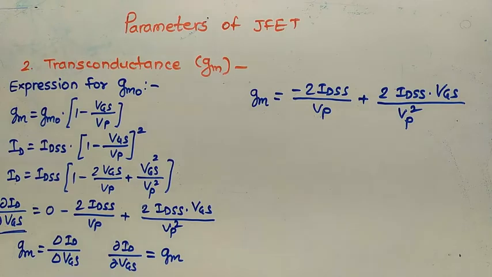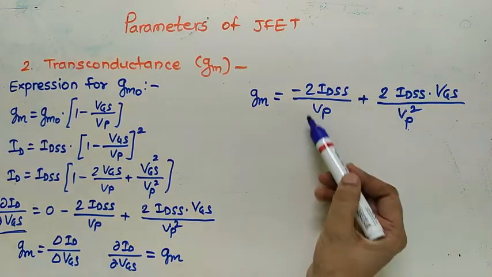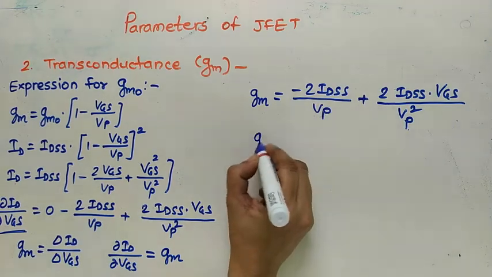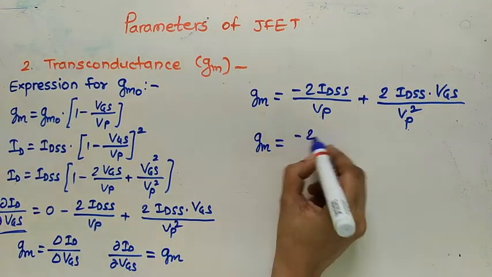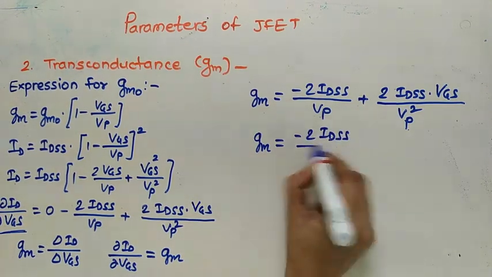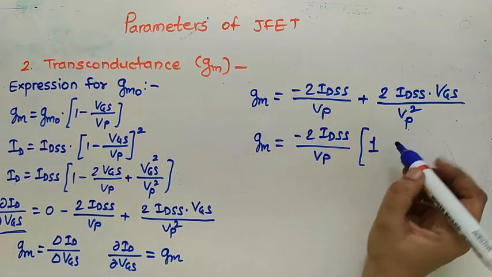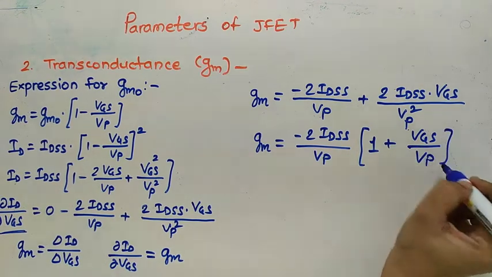Now we'll take the IDSS term, Vp term and 2 term, which is common in both, outside. So here GM will become minus 2 IDSS upon Vp, taking it common, times 1 plus VGS upon Vp.